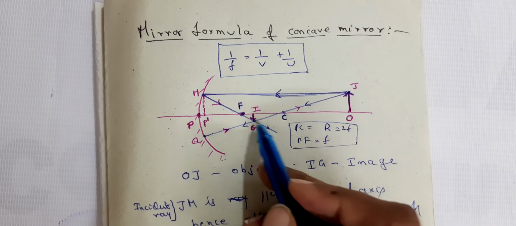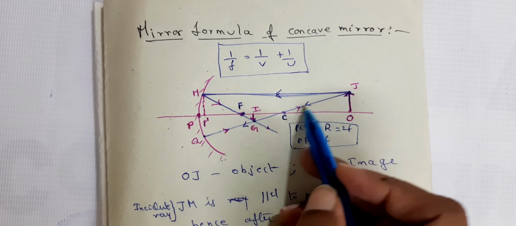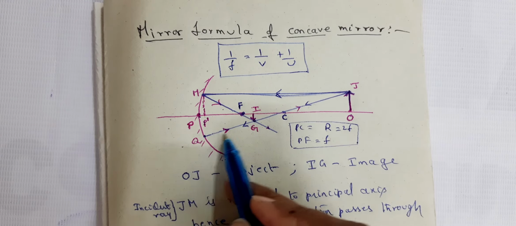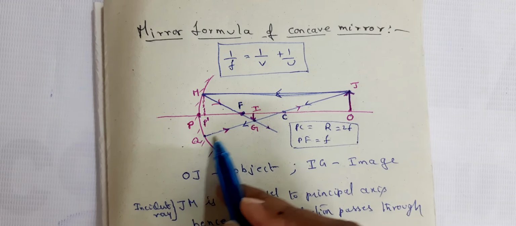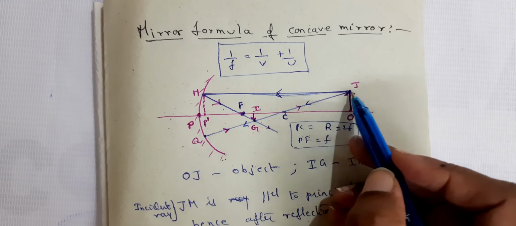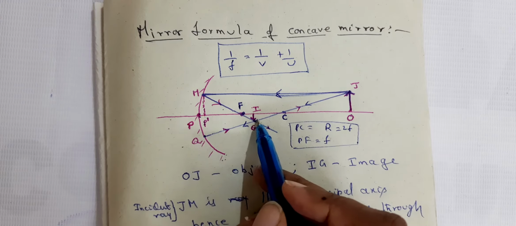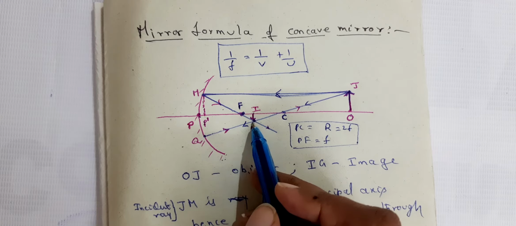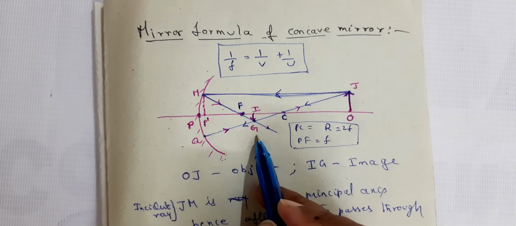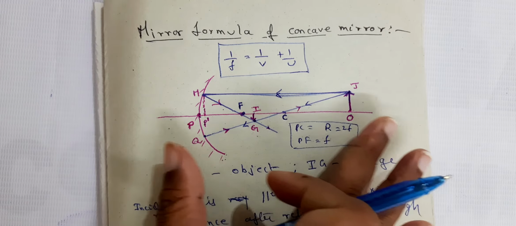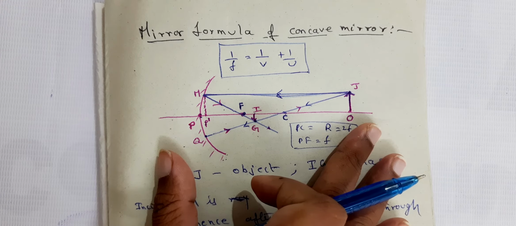Suppose the blue rays represent the incident ray, then the dark pink one is the reflected ray; both are along the same straight line. Children, observe: at the point of intersection you will have the image IG. This is the way you have to draw the ray diagram.